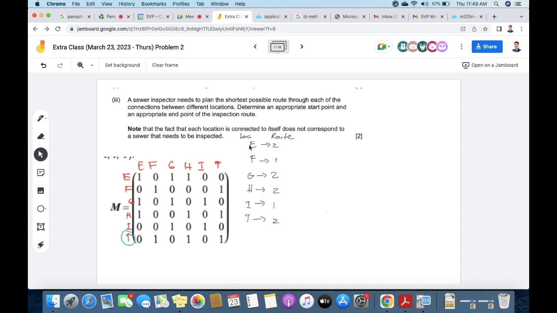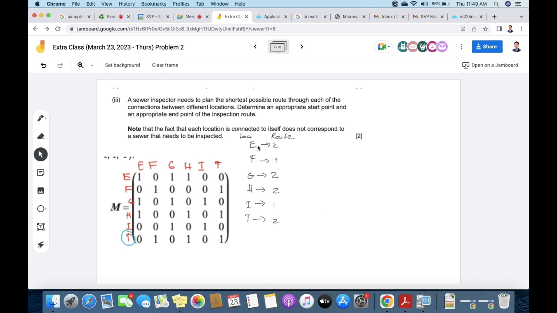So if you try to look at it, if you are the inspector, if you start with E, you will be confused whether to go to G or to go to H, right? So what could be a possible route that you will do first so that you won't be confused on where to go? So we can start with F, right? Because in F, there's only one route connected to it.